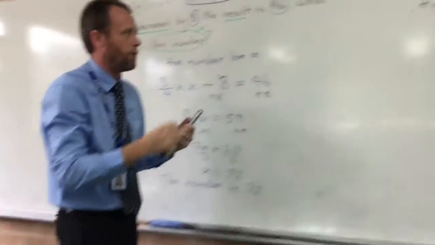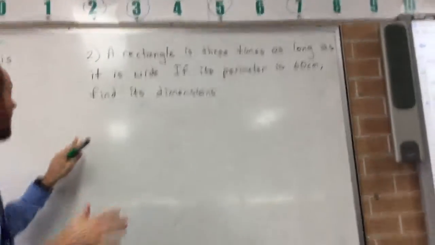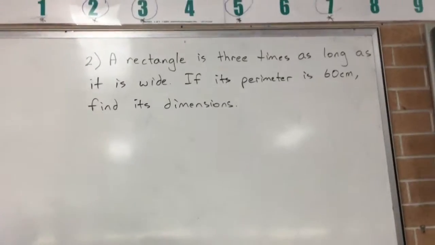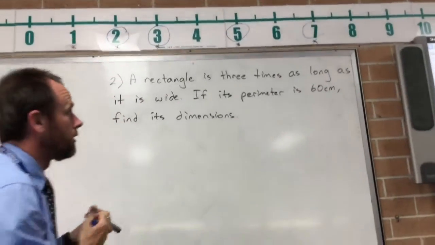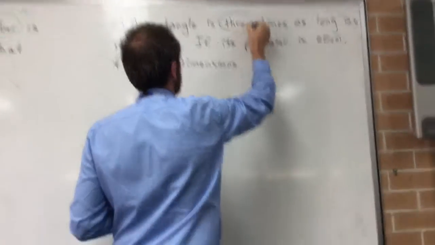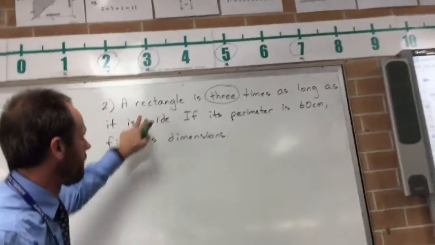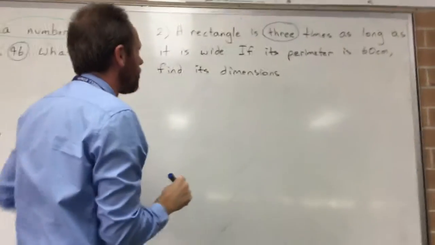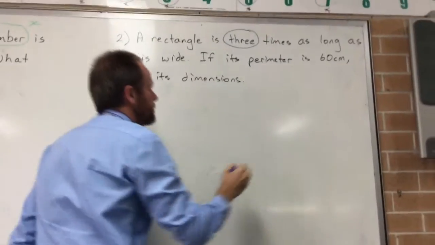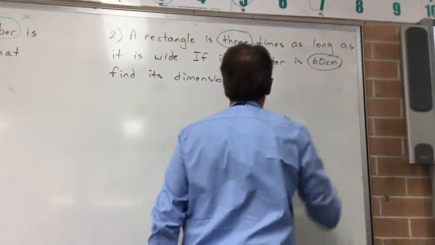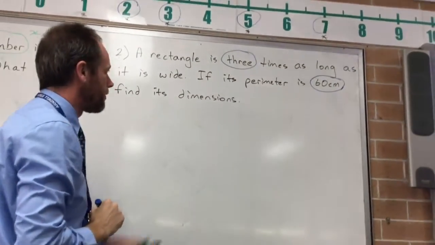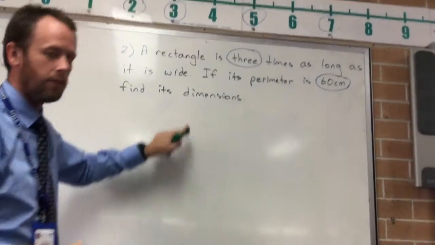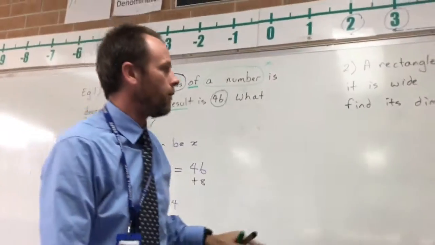What about the second question? It looks different. Again, I want to go through, I want to circle numbers. I'm doing it in blue. So if a rectangle is 3 times as long as it is wide, its perimeter is 60 centimetres. I've got to find its dimensions. That's what I'm trying to do with this question.